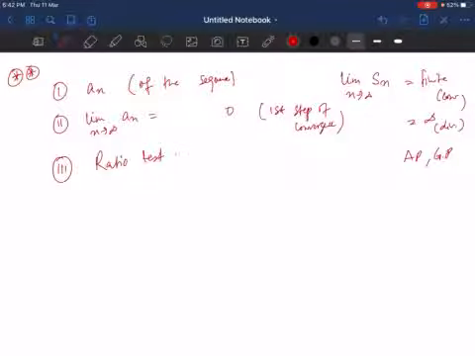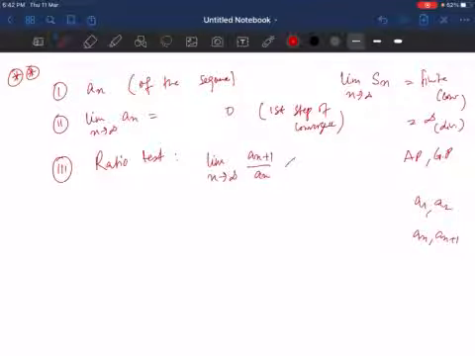For the ratio test, we will find the limit as n tends to infinity of a_(n+1) divided by a_n. What is a_(n+1)? It is nothing but the next term after a_n. If I say a1, the next term is a2. Just like a_n, the next term is a_(n+1), the (n+1)th term.